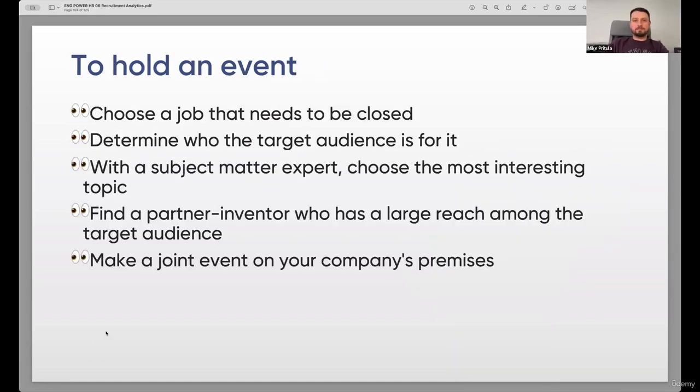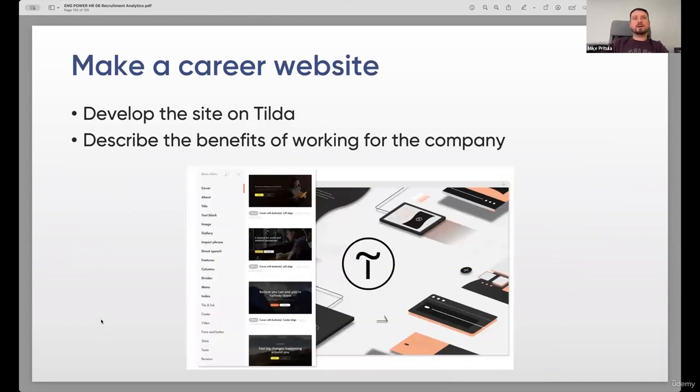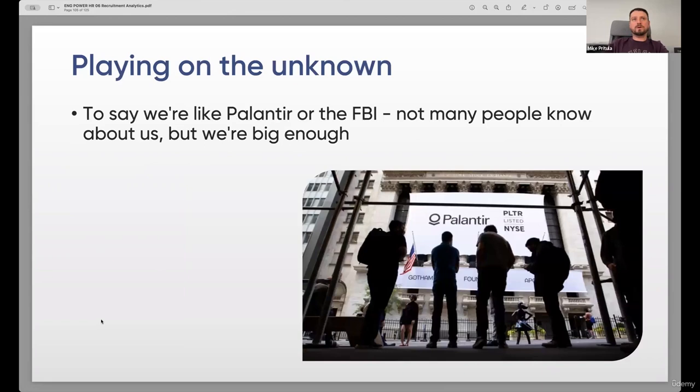Hold an event to show your company and your employees to potential candidates. Make a career website, or play as an unknown company, because sometimes people are interested in something new and unknown, like Palantir.